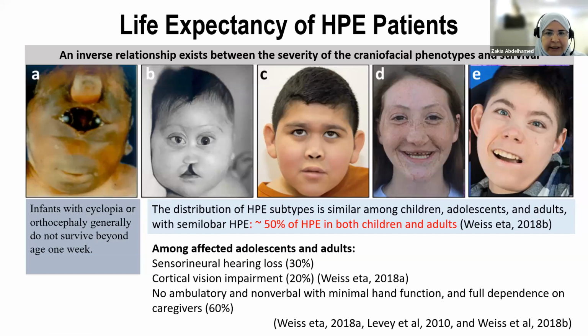So it seems these patients live, of course, with the management of the medical teams to correct the facial anomaly, like in this patient in D, and full dependence on caregivers is reported in 60% of them, but they live.